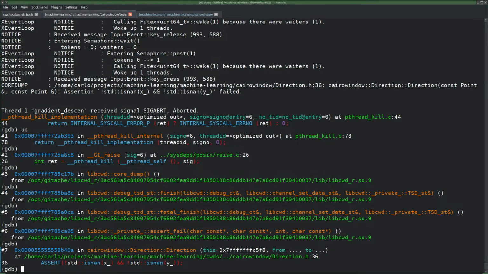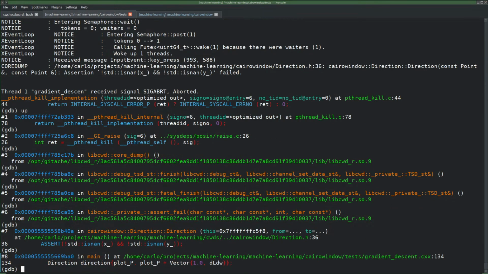Because the direction cannot be calculated. Why would the direction not be... Can the direction not be calculated? That does not make any sense.